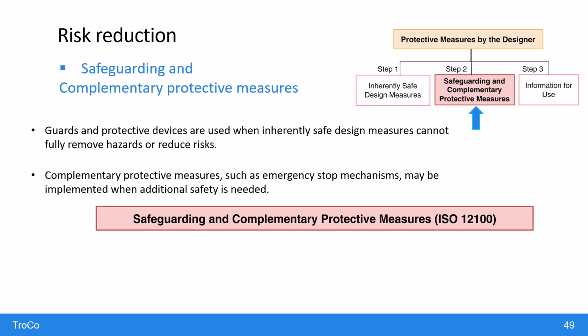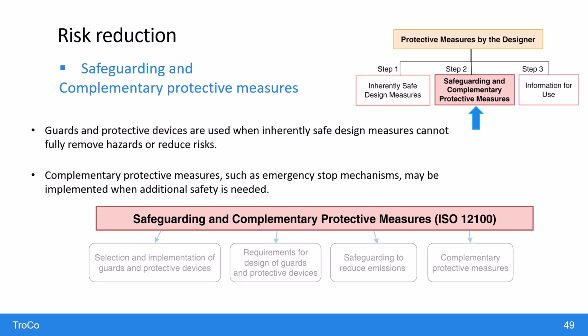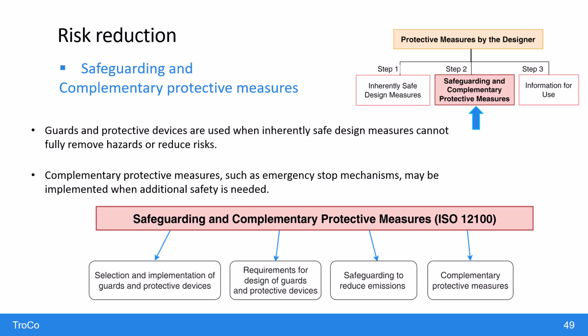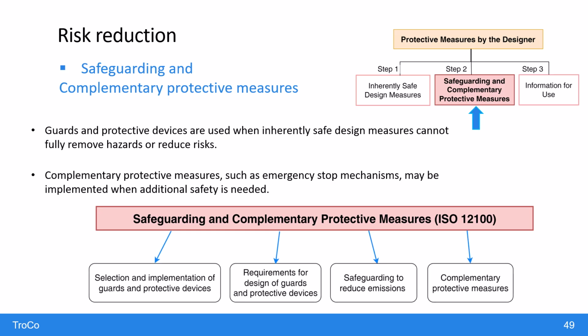Now let's move on to the second step of the risk reduction process, safeguarding and complementary protective measures. When inherently safe design cannot fully eliminate hazards or reduce risks, we use guards and protective devices to protect individuals. ISO 12100 outlines this step in 4 key areas: selection and implementation, choosing and applying the right guards and protective devices to minimize risks.